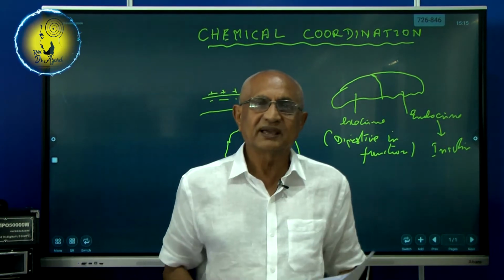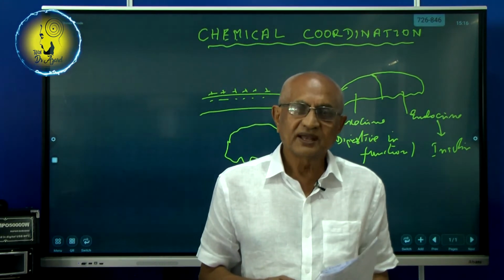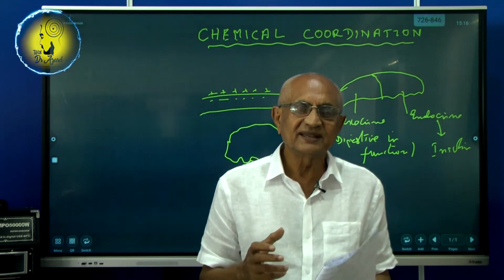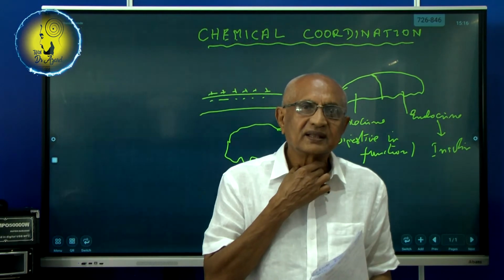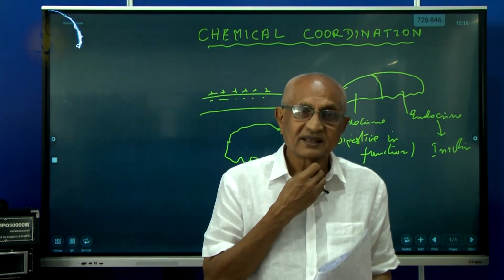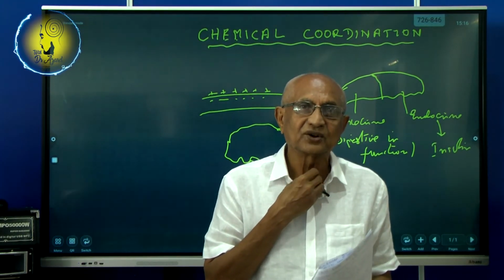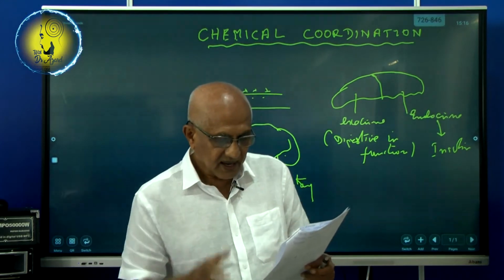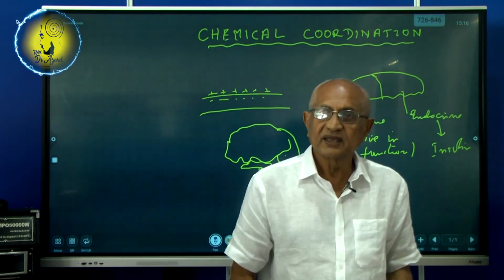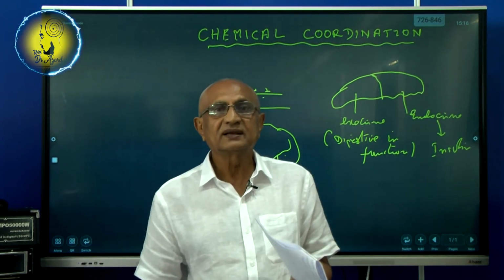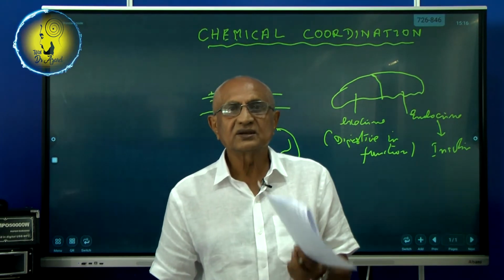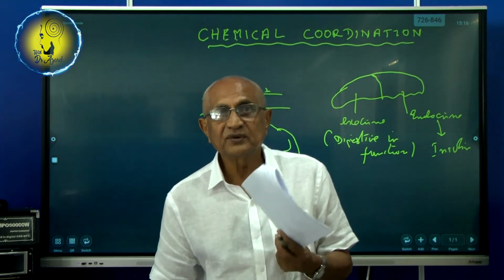Then thyroxine. Now where do you get thyroxine? Thyroxine is released from the thyroid gland. Now what does it control? It controls the metabolic activities of the body, metabolism of the body.